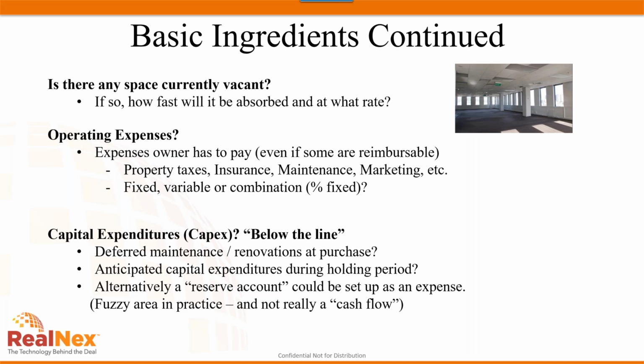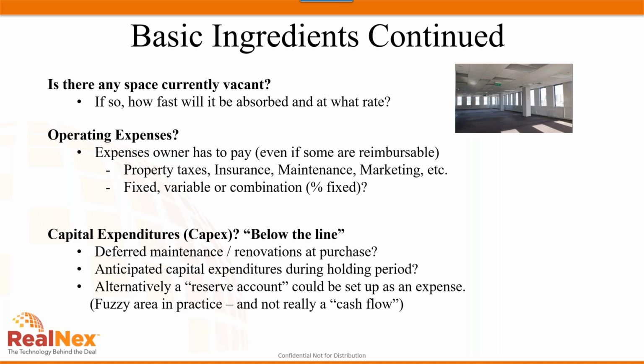because sometimes it's above the line, sometimes the lender requires you to have some CapEx above the line. What do I mean by above the line or below the line? Does it affect your net operating income on the property? Your net operating income, or NOI, is your rental income minus your expenses. And sometimes one of the expenses is a reserve allowance.